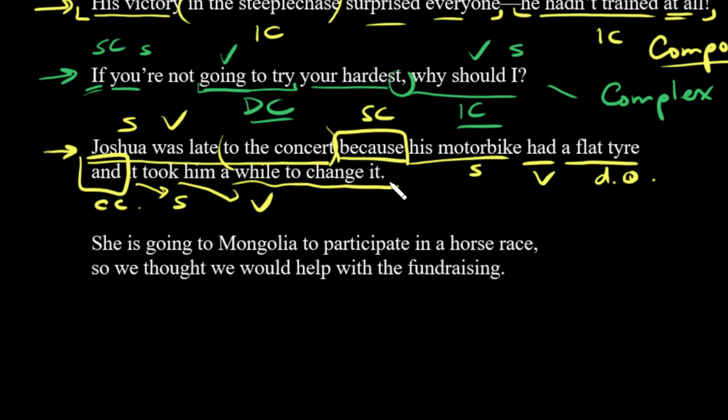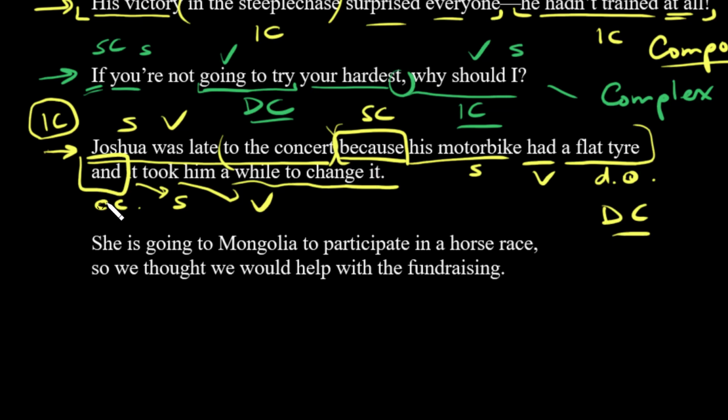So if we tally this all up, then we can see that this first bit here is an independent clause. Joshua was late to the concert. You can say that by itself. Then we have a dependent clause because his motorbike had a flat tire, and we typically include the subordinating conjunction as part of the clause that follows. Okay, so that's our dependent clause.